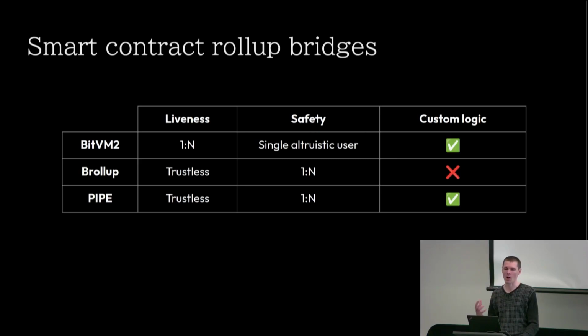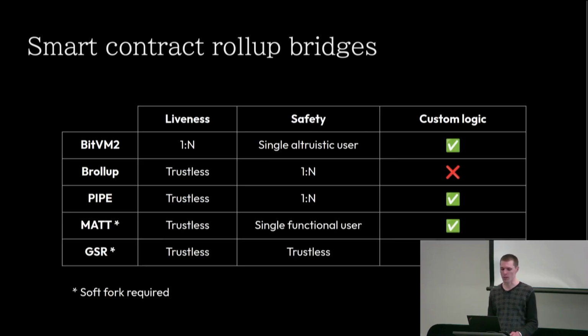But they still rely on this one of n trusted setup for safety to prevent theft from the bridge. And one of the other good things about them is that they also support custom logic. So once you have this program set up, you can have any kind of blockchain or protocol on the other side of this bridge.